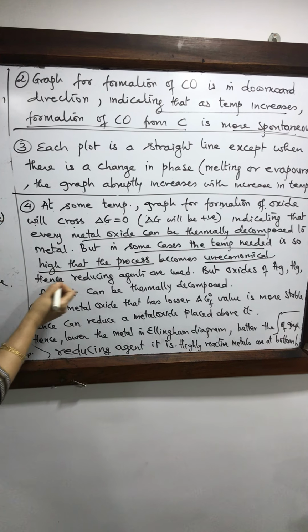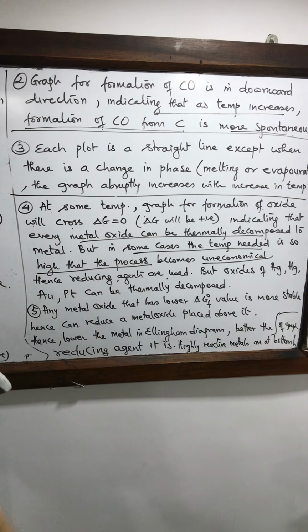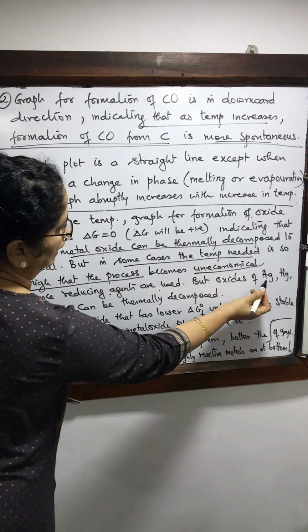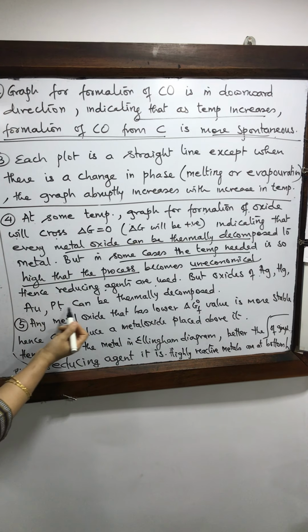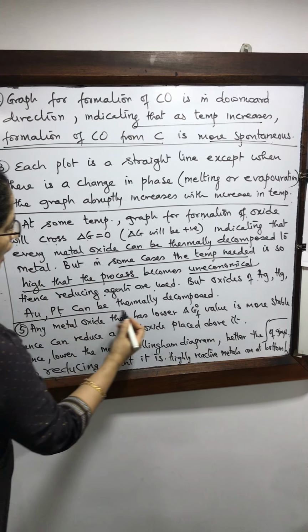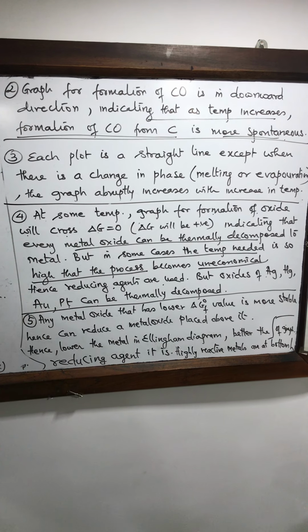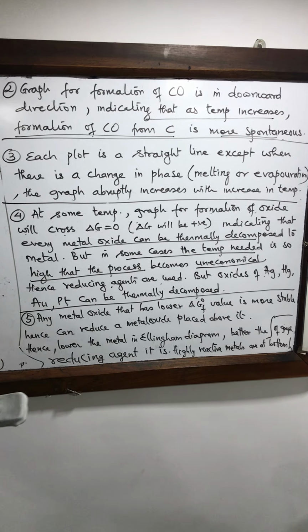And it is for this reason that reducing agents are required. Now, if you look at the oxides of silver, mercury, gold, platinum, then they are high on top in the Ellingham diagram and can be easily extracted by thermal decomposition.